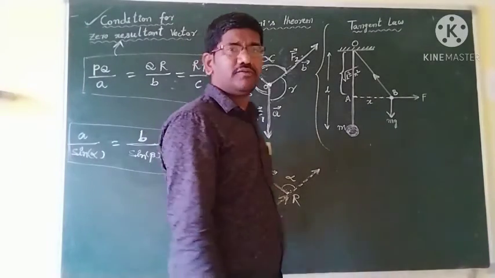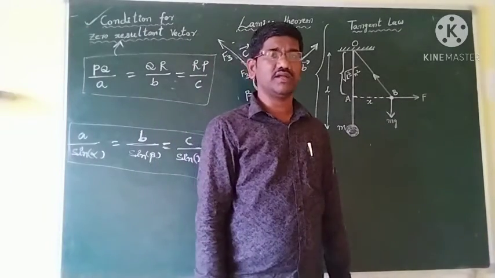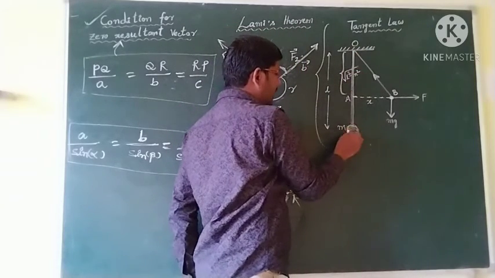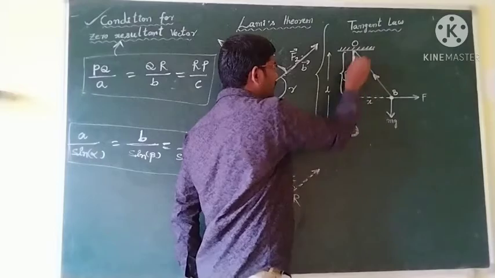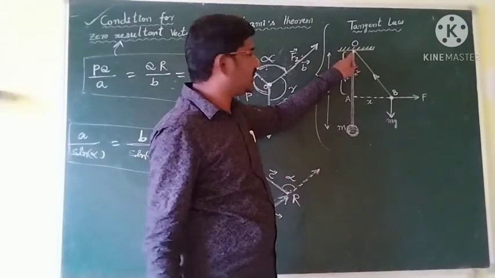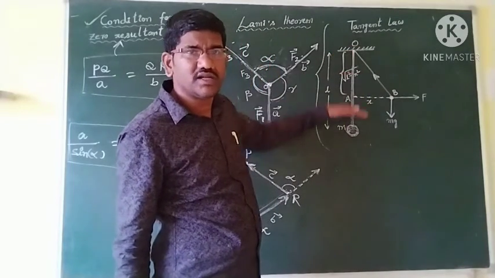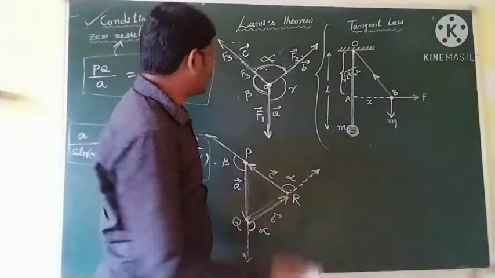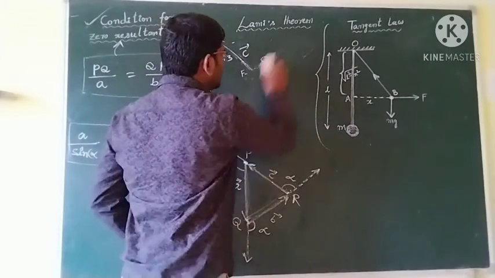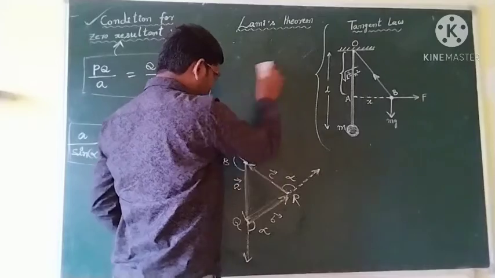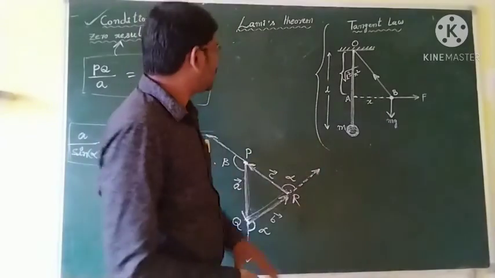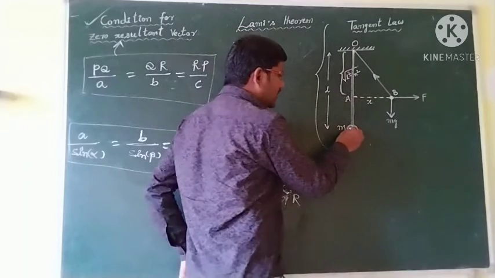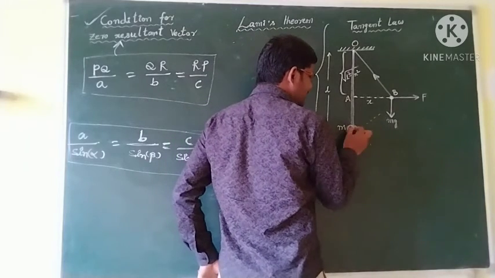Now we are going for the tangent law. Now see, this is a heavy mass suspended by a rigid support from a particular point. From the roof it is suspended like this. The total length I am taking as L. Now it is pulled aside with some force like this.